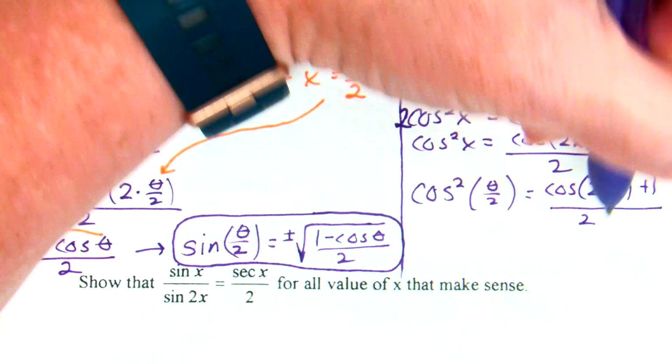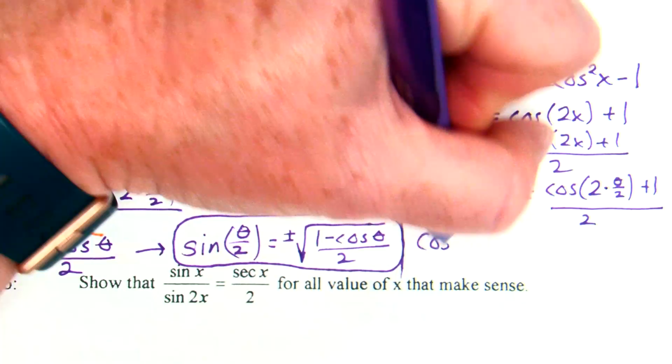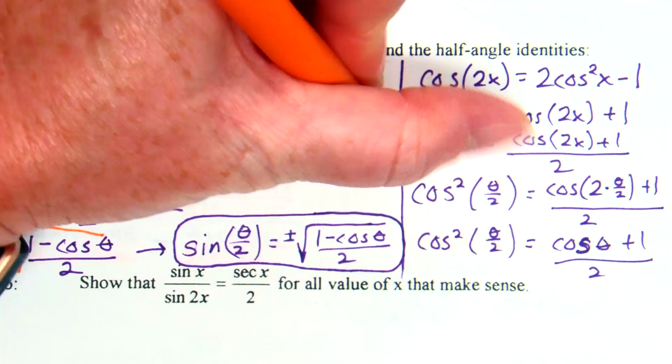So cosine squared of theta over 2 is equal to cosine of theta plus 1 divided by 2. And that last step is to square root. So cosine of theta over 2 is equal to plus or minus the square root of cosine theta plus 1 over 2.